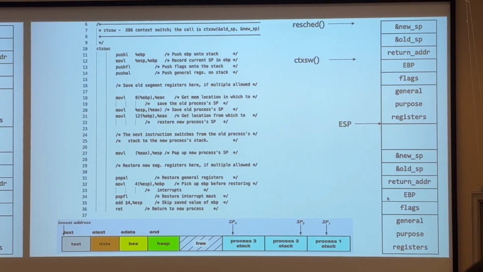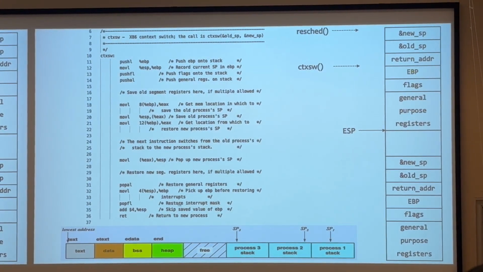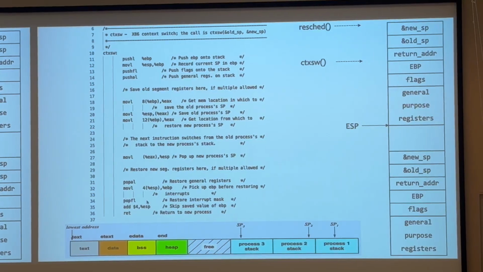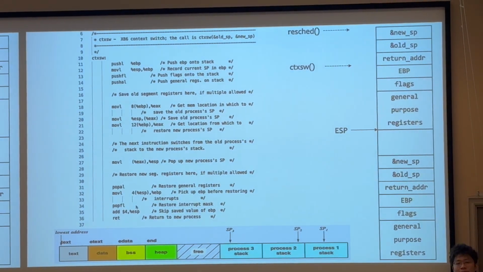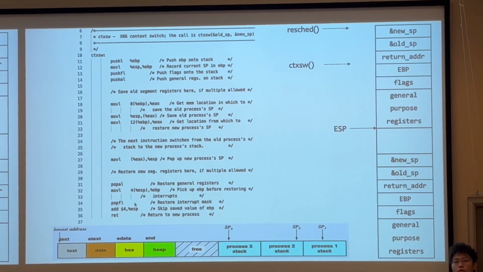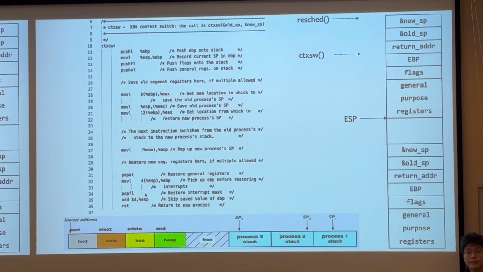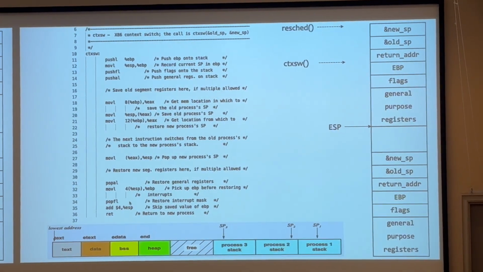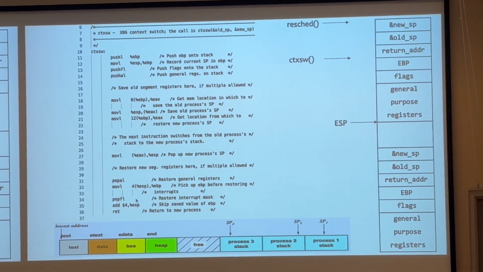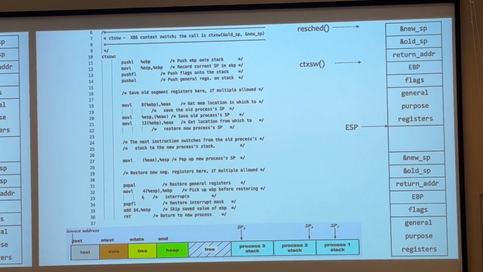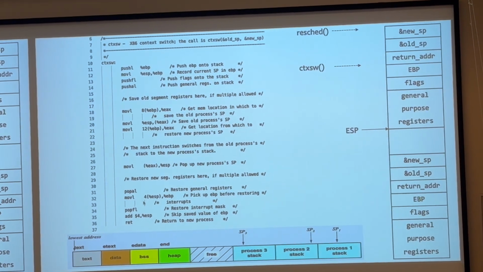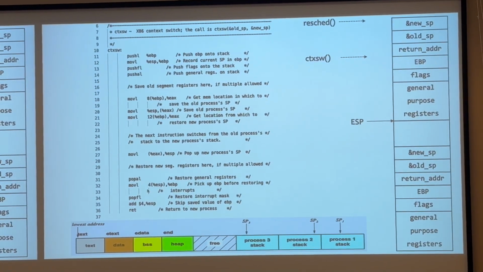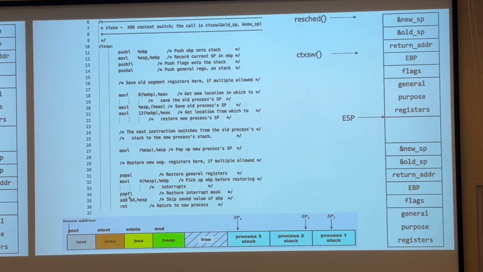Okay. Yeah, I don't expect anyone to know. So the reason is the flags. When you pop these flags, they contain one special flag, which is whether the interrupt is enabled or disabled. There are two possible values of this flag when you execute this pop flags.